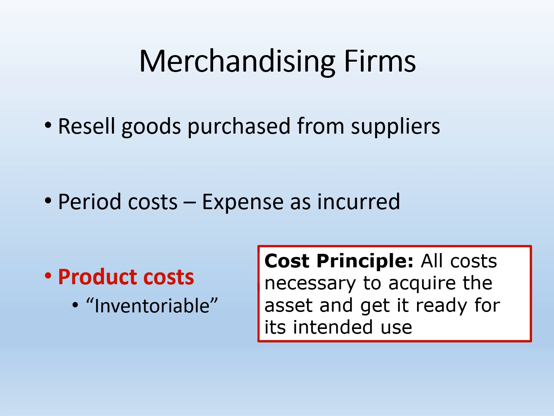For inventory, that would include the acquisition cost of the merchandise, any sales tax, the cost to get the merchandise shipped from the supplier to our firm, and any other small costs of getting the merchandise ready for sale.